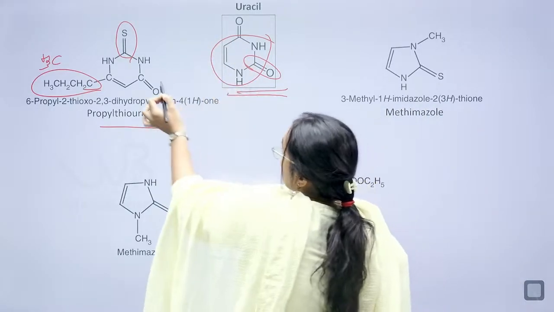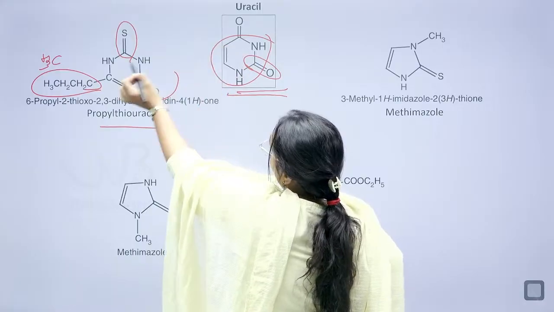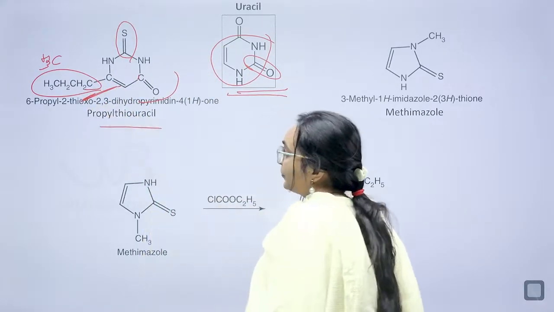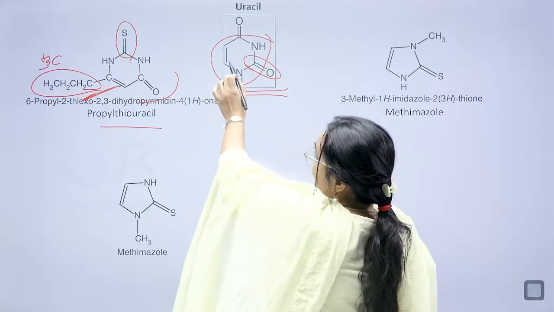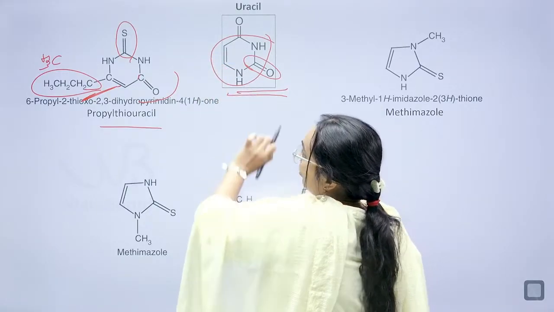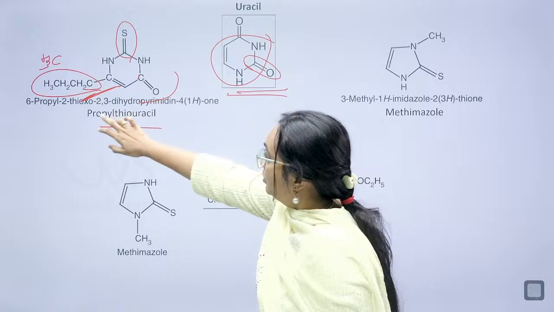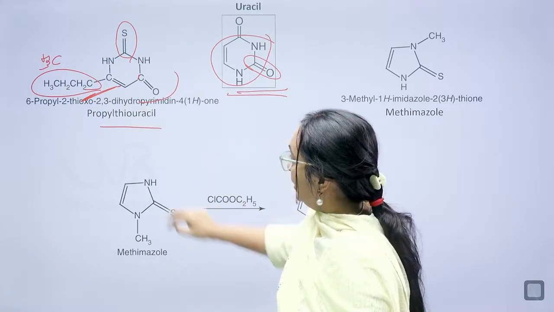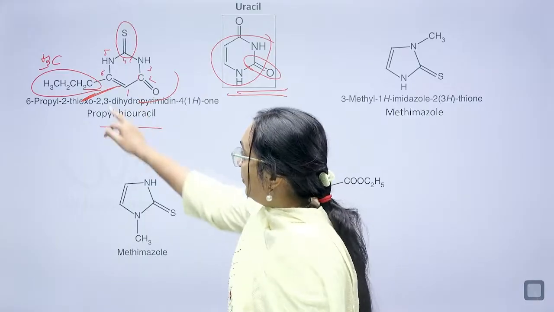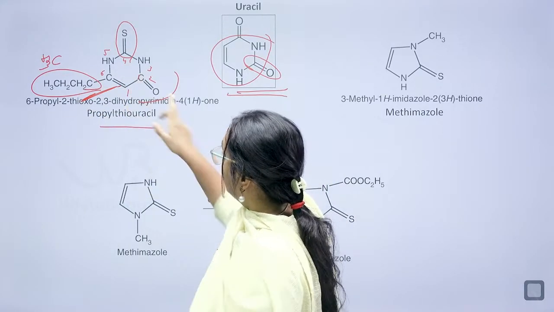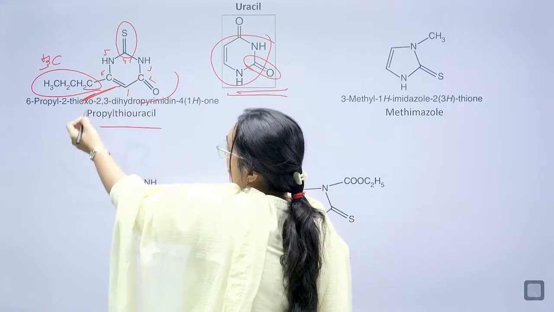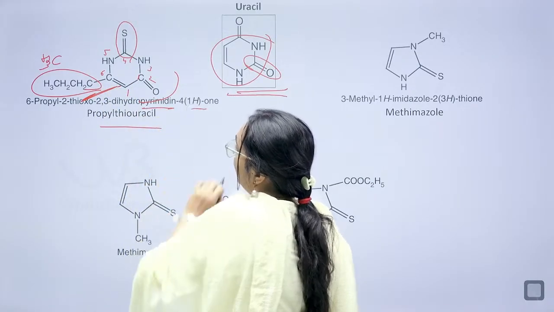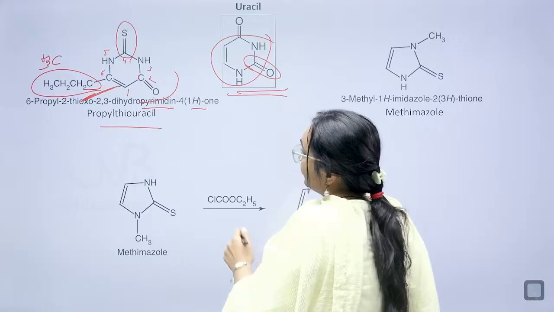The rest of the molecule is the same. The substitution gives 6-propyl-2-thioxo-2,3-dihydropyrimidin-4-ol.